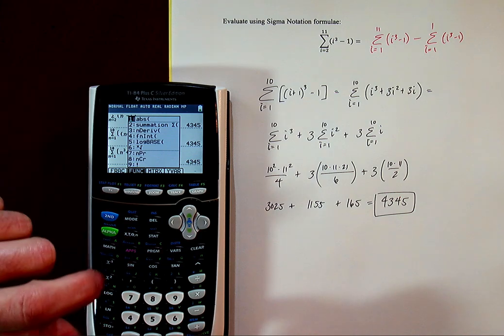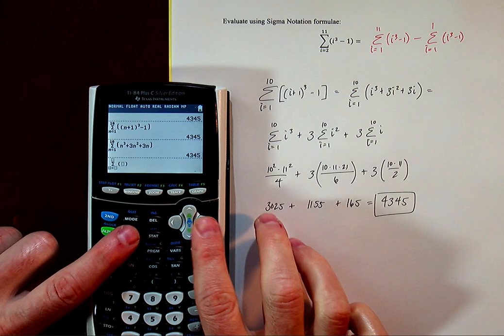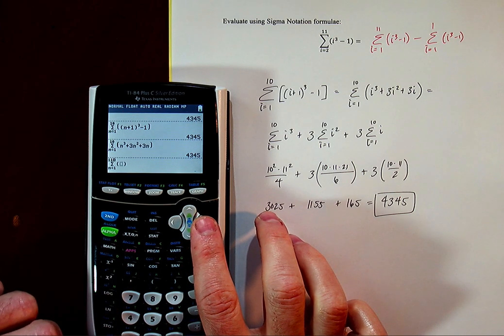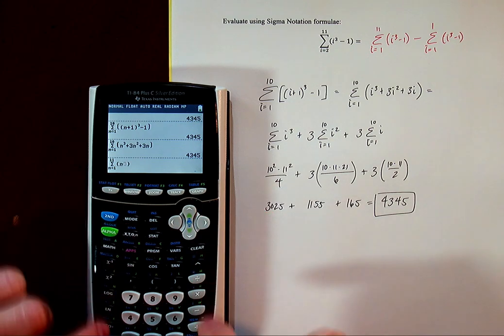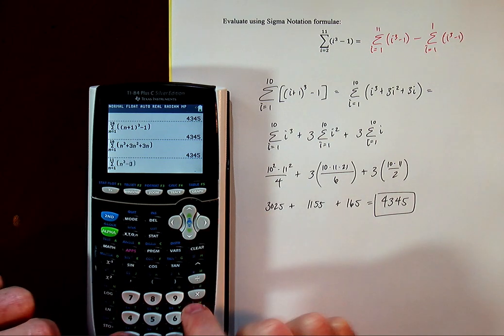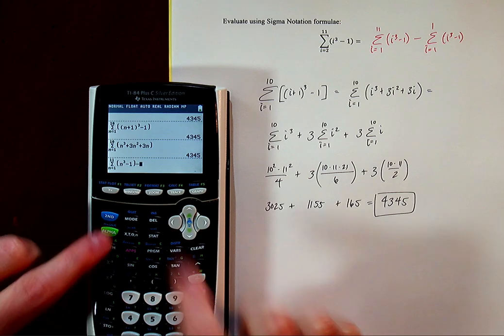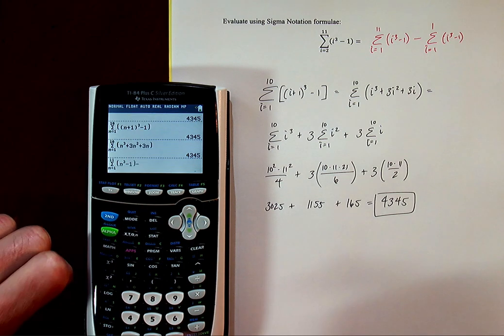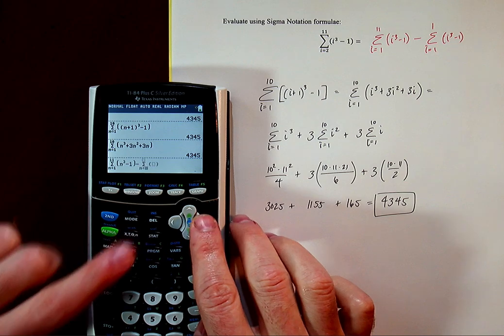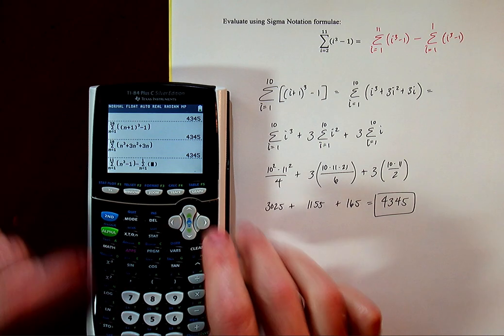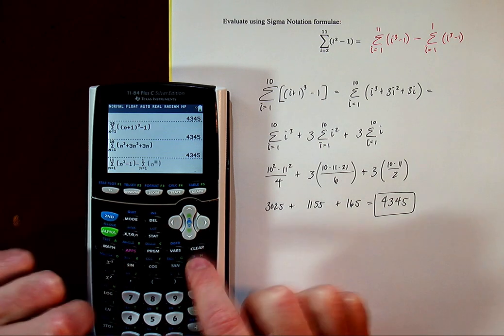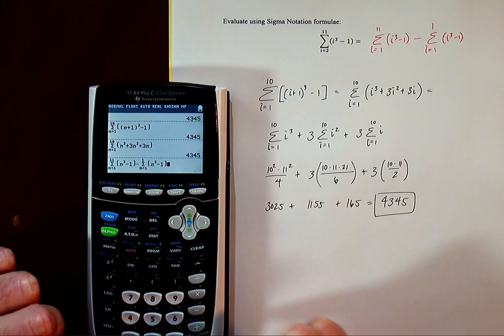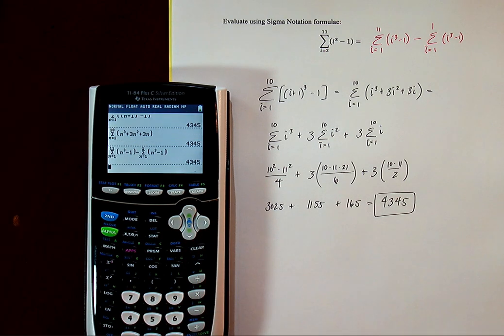And what I would get there is n from 1 to 11 of n cubed minus 1, minus, and I'm going to put the sigma there even though I don't have to, since it's one term, just to illustrate a point. So I could have done it just by subtraction, and there you go.